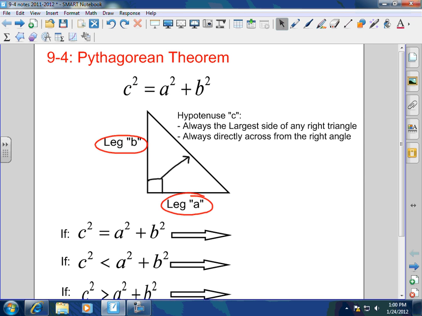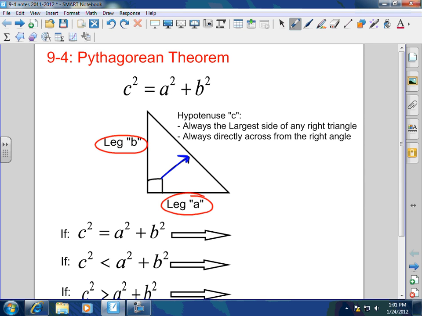The legs are going to be basically the altitude and the base of the right triangle. Now, across from the right angle is the hypotenuse. Okay? The hypotenuse is C, and that will not change. That is not interchangeable. The hypotenuse is always the hypotenuse. It is always the largest side of any right triangle, always.